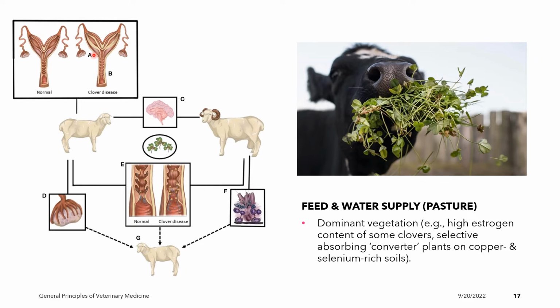What happens here is there is endometrial thickening and edema. Aside from that, there is also a loss of the cervical fold, in terms of this portion here, of the reproductive tract of sheep with clover disease.